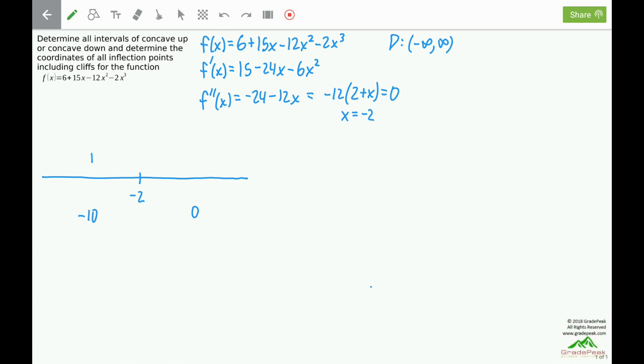So we have a positive second derivative, which corresponds to concave up. Plugging in the test value of 0 into the fully factored version of the second derivative, 2 plus 0 is positive, times a negative will be a negative. We have a negative second derivative, which corresponds to concave down.